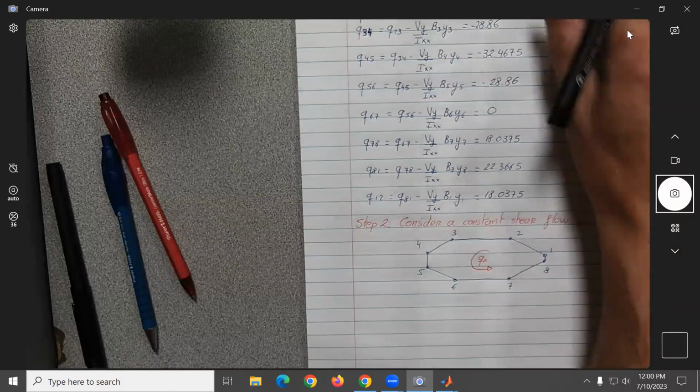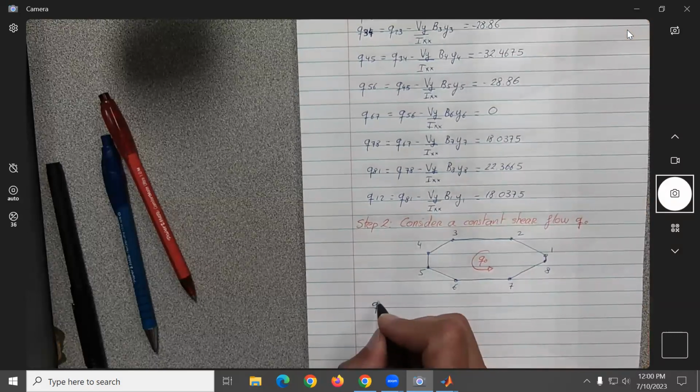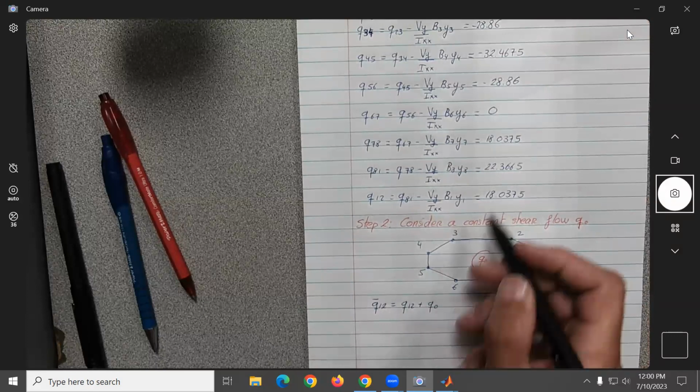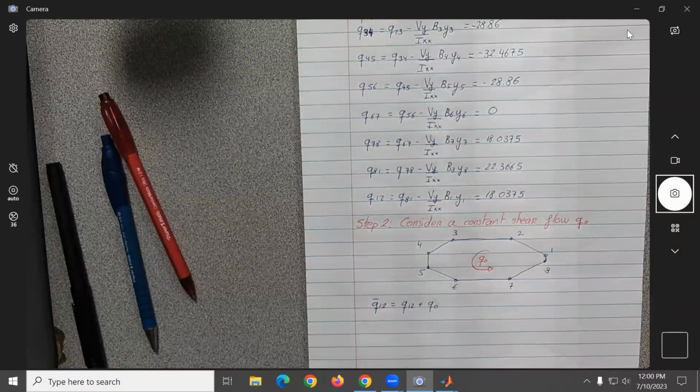Now it's just a matter of notation, it's tedious, but basically Q bar 12 is equal to what? Q12 plus Q sub naught. You can substitute over here. I would just let MATLAB do it; what I want to see on the piece of paper is really the procedure. Q bar 23 will be equal to Q23 plus Q sub naught. Q bar 34 will be Q34 plus Q sub naught.